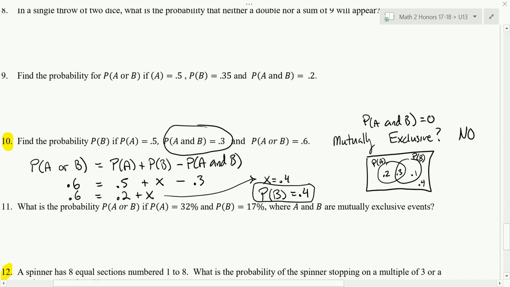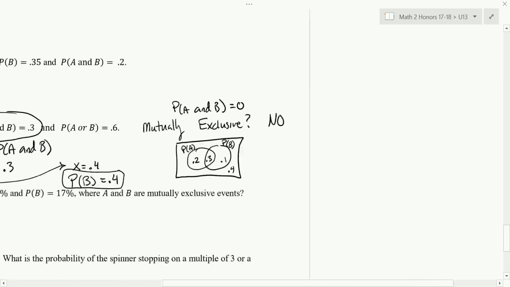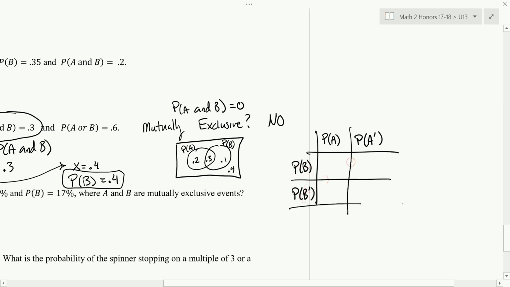And so you could use Venn diagrams for probabilities. You could also use tables for probabilities. You could say the probability of A, the probability of the complement of A, the probability of B, the probability of the complement of B. Grand total is 1.